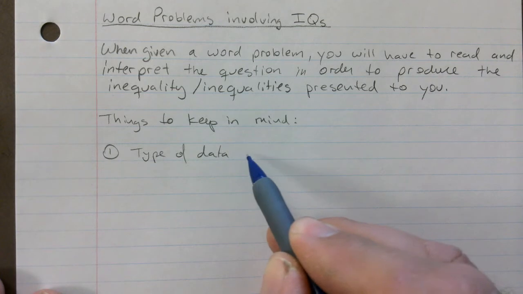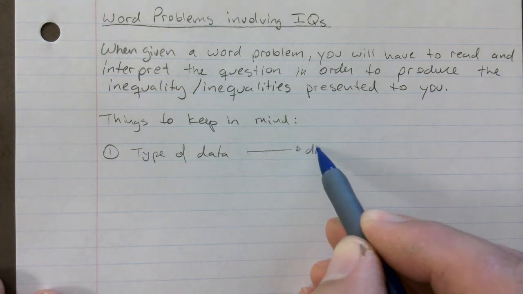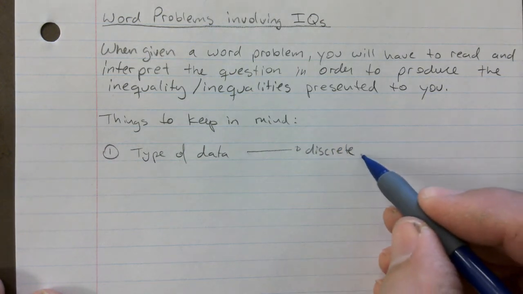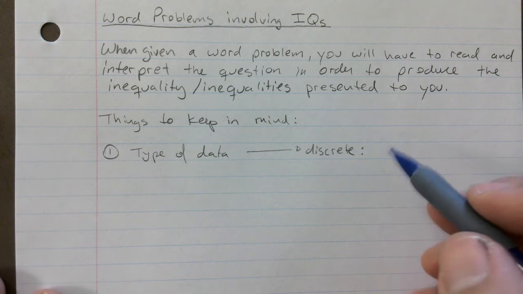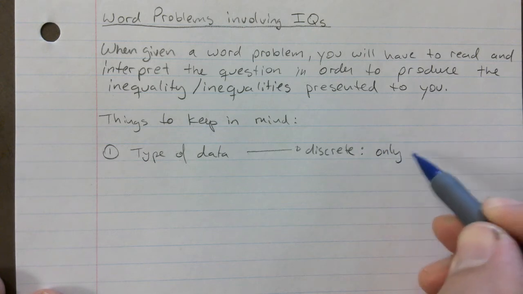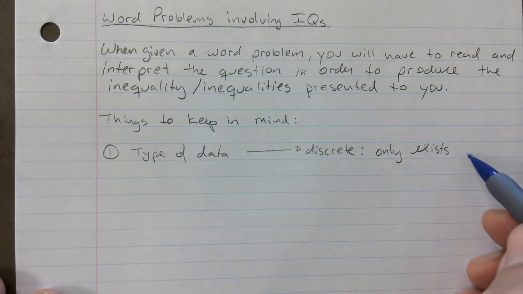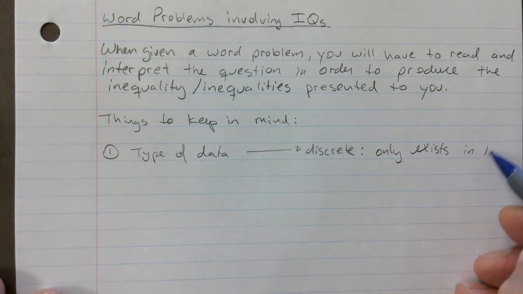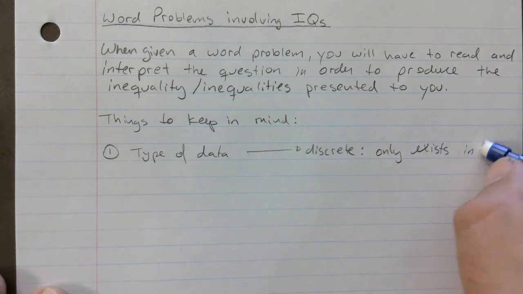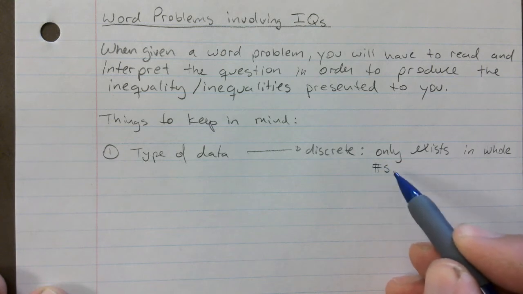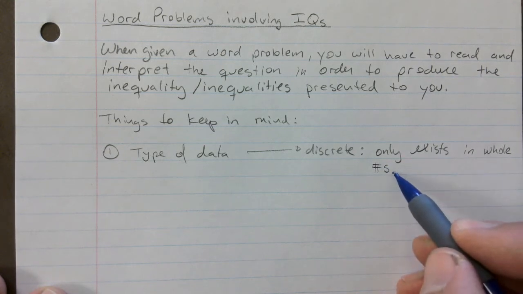You can have discrete, and discrete data only exists in whole numbers, are only available in whole numbers, right?